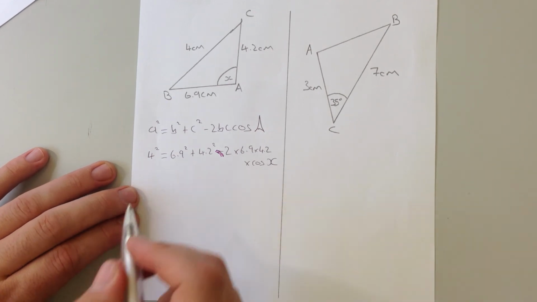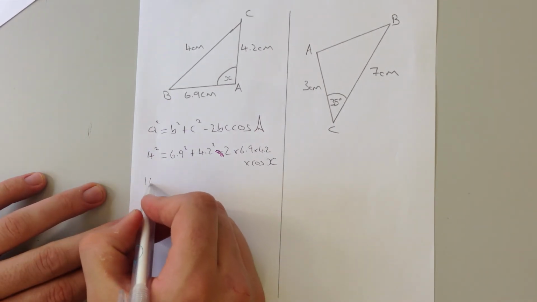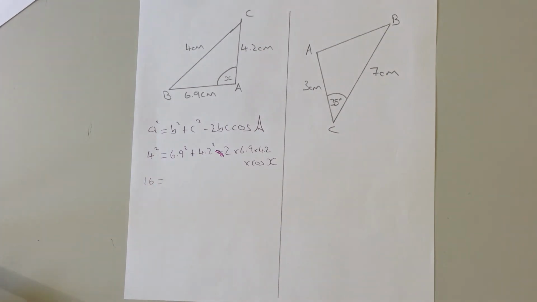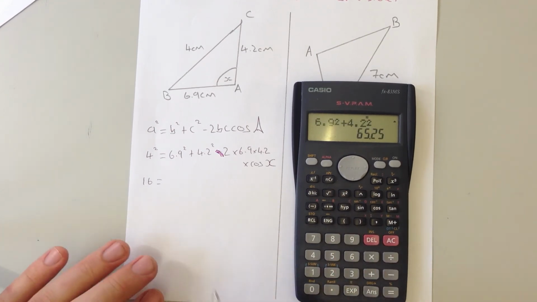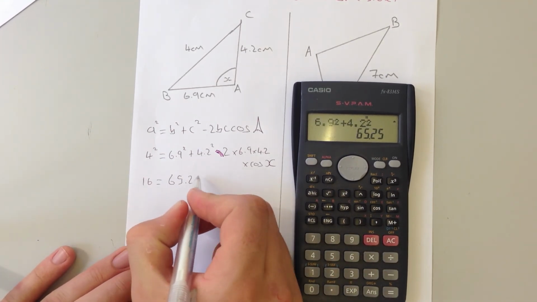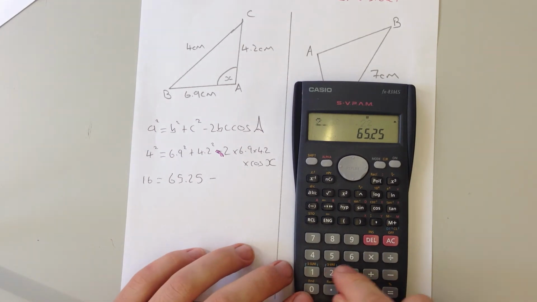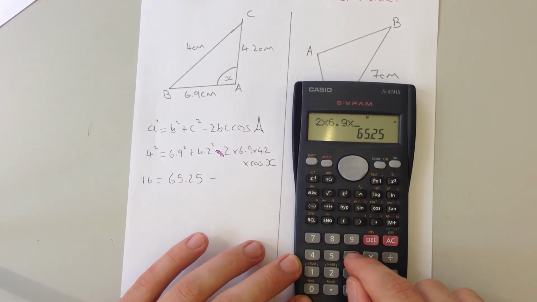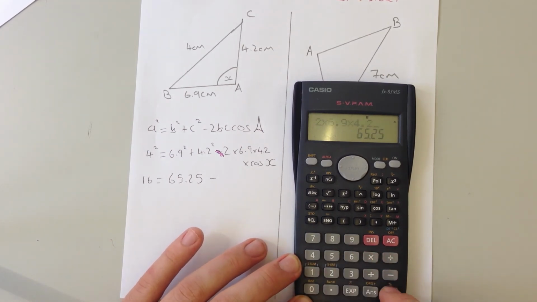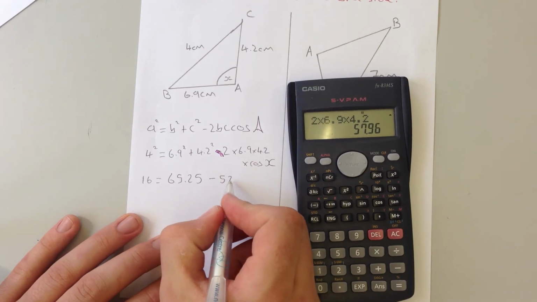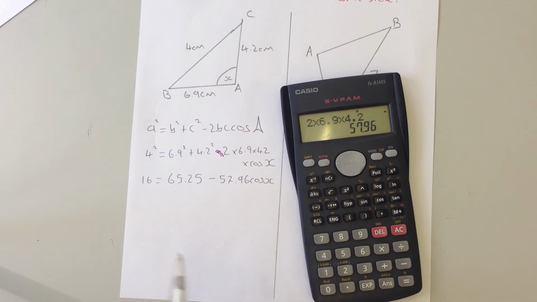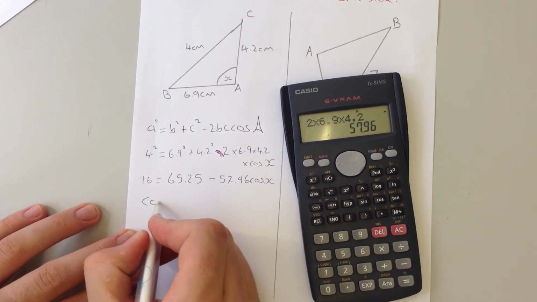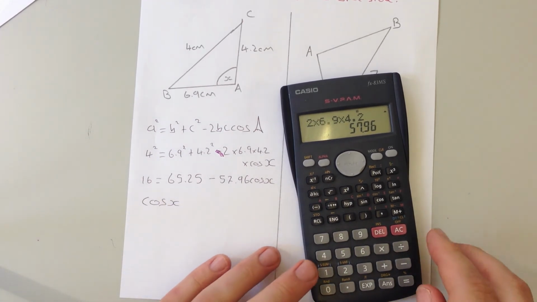If I do a bit of calculating, I'm going to get 16 equals 6.9 squared plus 4.2 squared, 65.25, minus 2 times 6.9 times 4.2, 57.96 cos x.